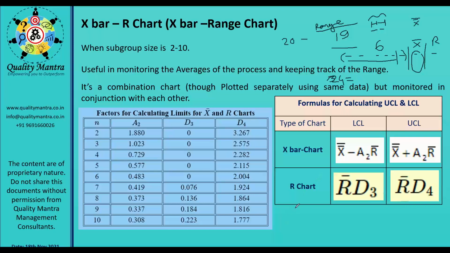Subgroup size is 6, every hour you are taking 6 data, and in 24 hours how much data will there be? Simple calculation. How much data will you collect in a day?